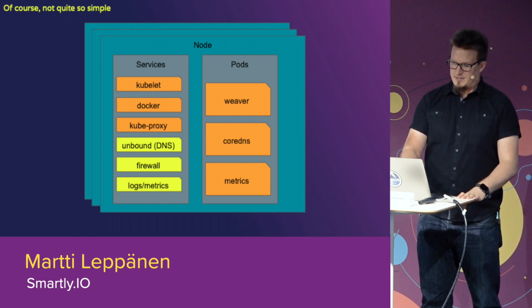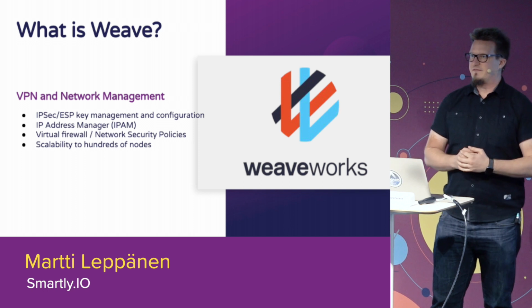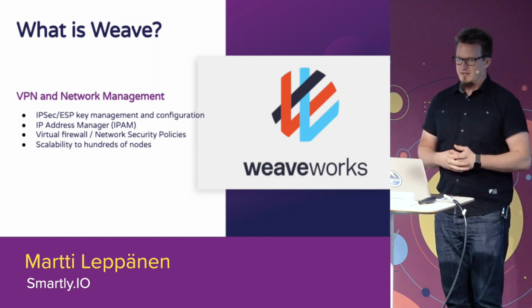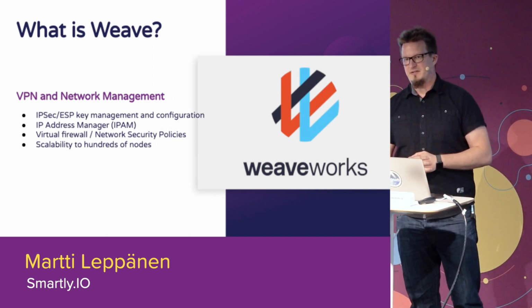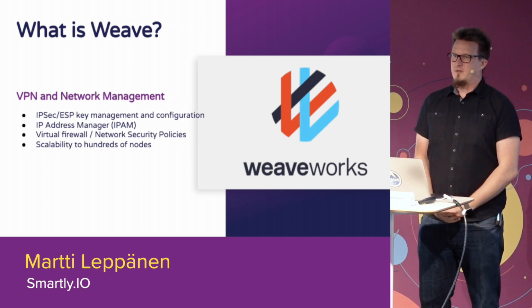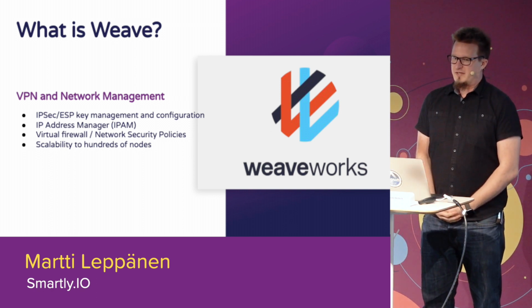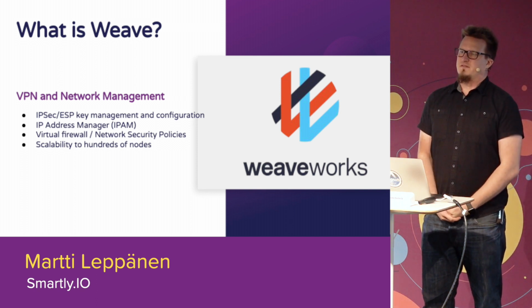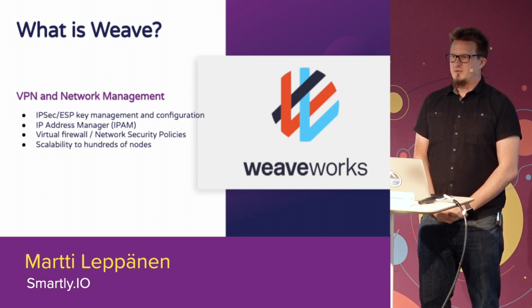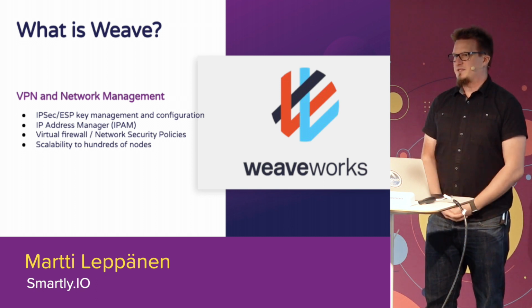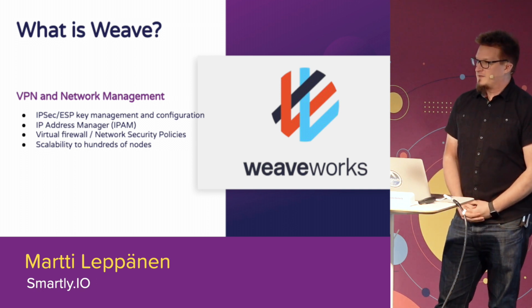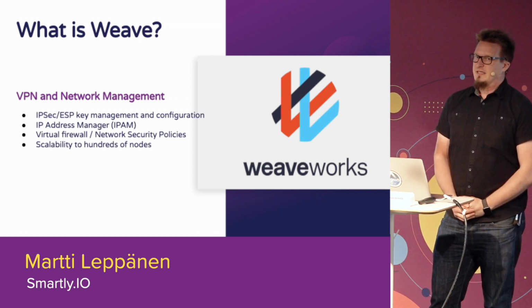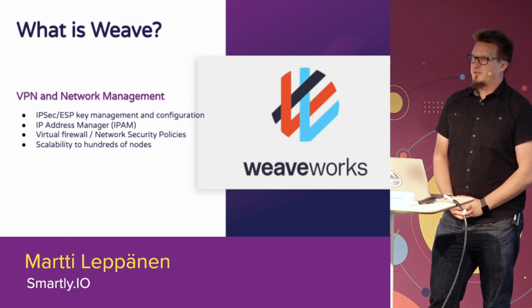All right, let's continue to what is Weave. So I described earlier that we have this encrypted network between nodes, and we are using Weave, and we've been using Weave for quite a while. On paper, it's a very, very nice system. You can use it to configure the Linux kernel-based IPsec ESP packets, so you can communicate between nodes with a known, or reasonably well understood, security and with good speed.